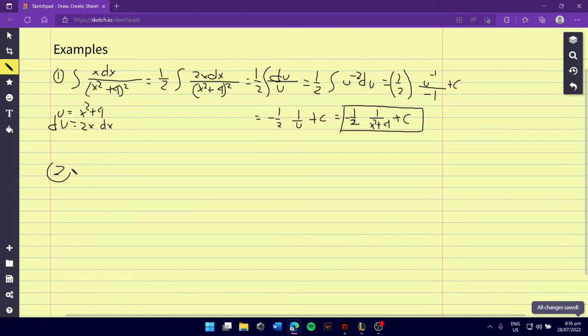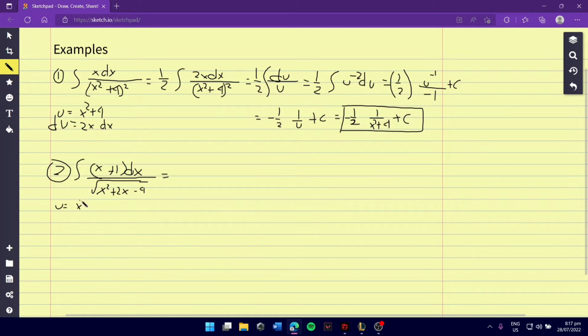So for example number 2, we have the integral of x plus 1 times dx over the square root of x squared plus 2x minus 4. Here we will distinguish our u. Our u in this example is inside our square root.